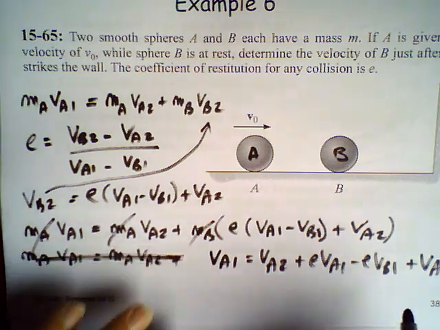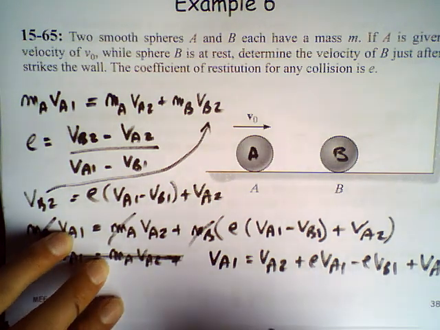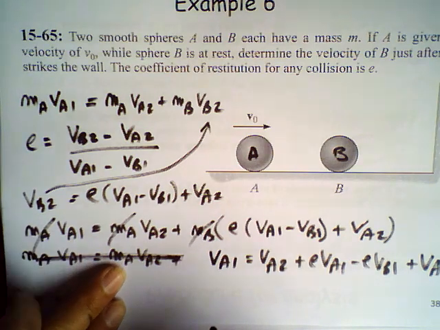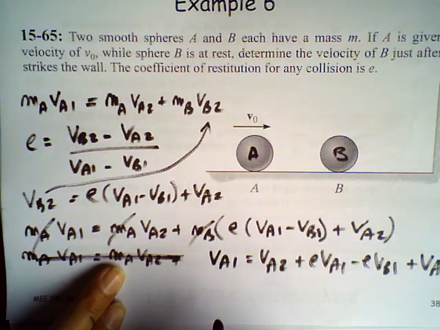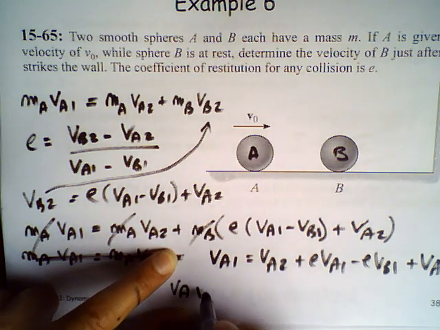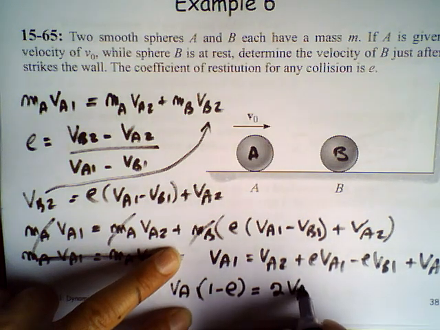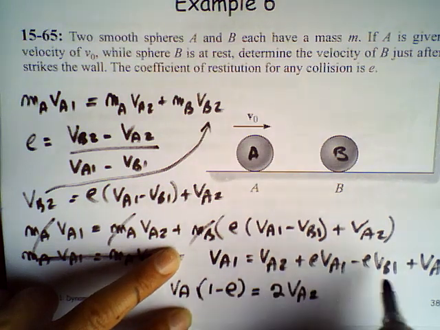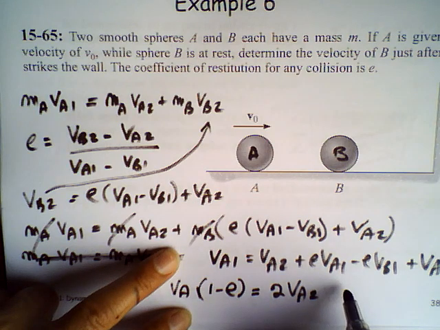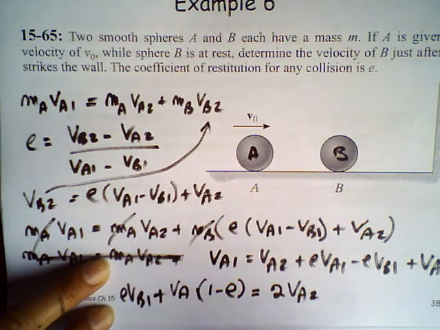Okay, so now we're trying to find VA2. VA1 times 1 minus E equal to 2VA2, right? 2VA2 and then EVB1 will be here, right? EVB1.